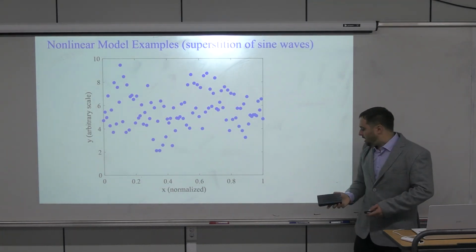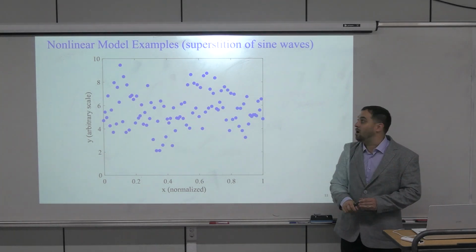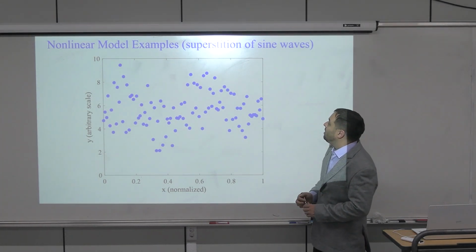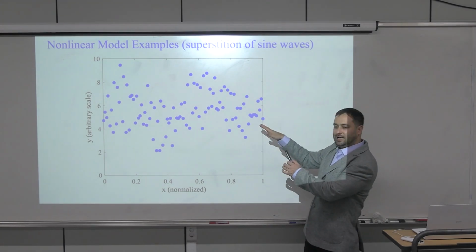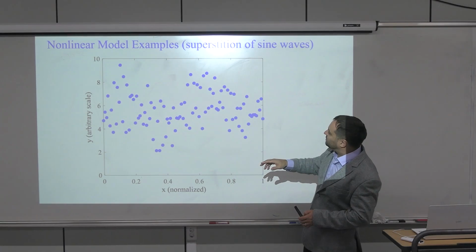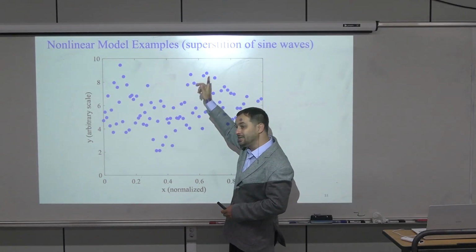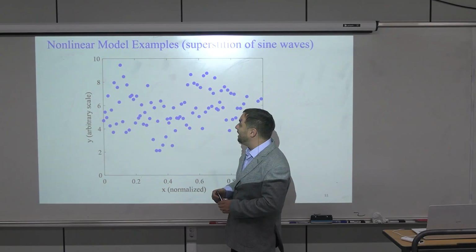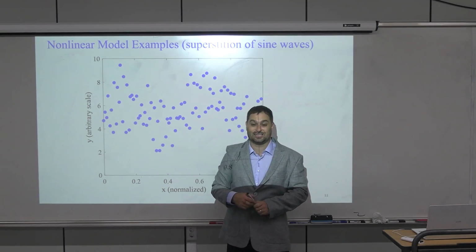Okay, now let's do another example. This time we're going to do the nonlinear model. When we just visualize this data, we can see that there's definitely some noise in the data. There are some fluctuations. And so we might want to, once again, use sine waves.